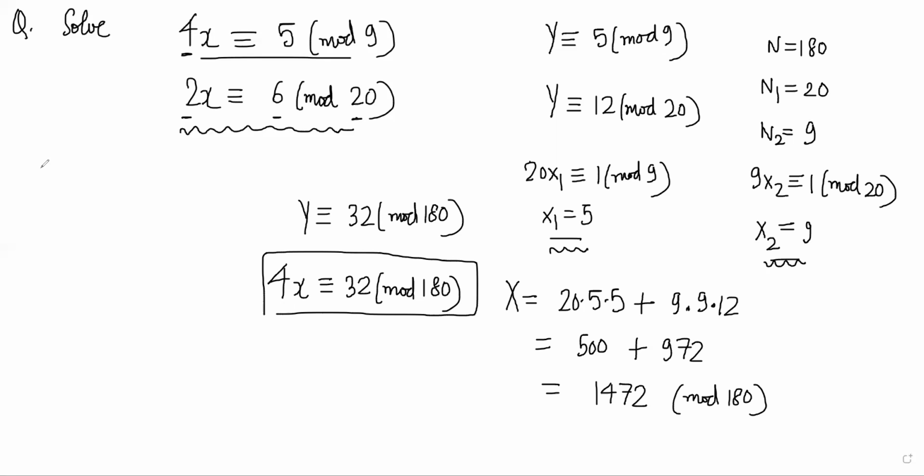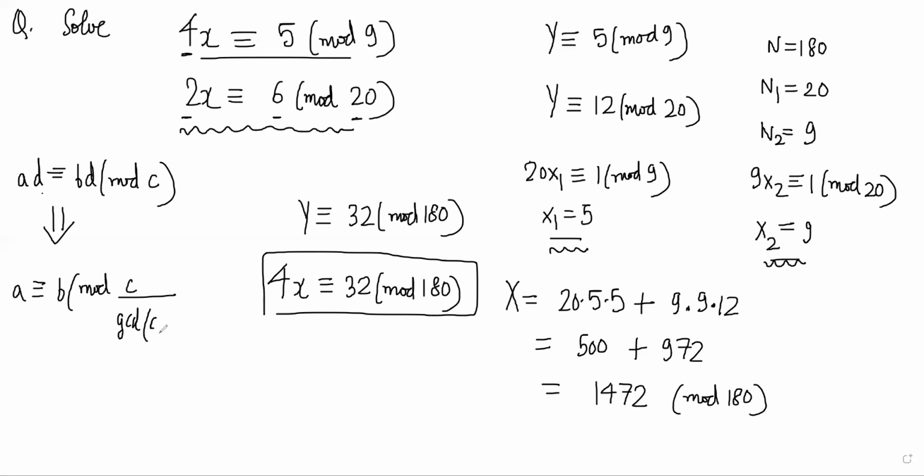We discussed this property earlier: when you have AD is congruent to BD mod C and you want to divide by D, I have to divide C by the GCD of D and C also. This was the property that we saw earlier.